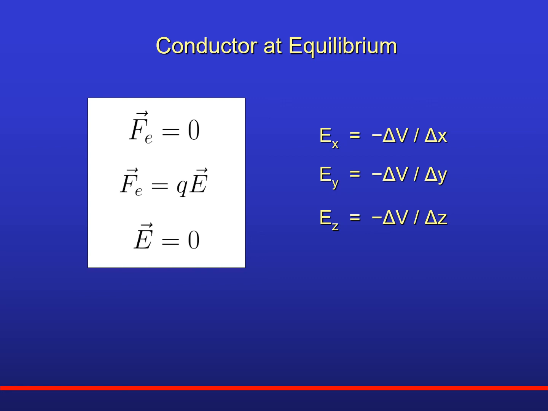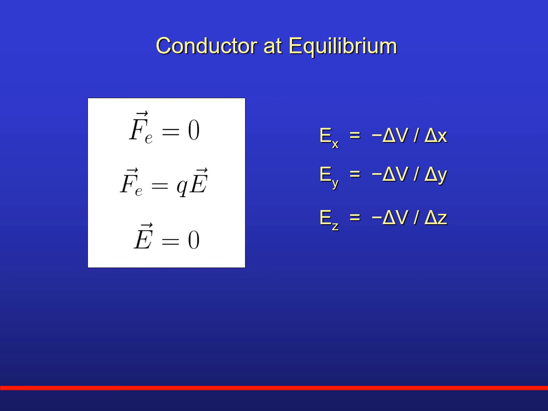You always have a delta x, delta y, delta z. That just means you can measure the size of the object. Therefore, if E x, y, z are zero at equilibrium, it means that delta V must be zero in a conductor at equilibrium.